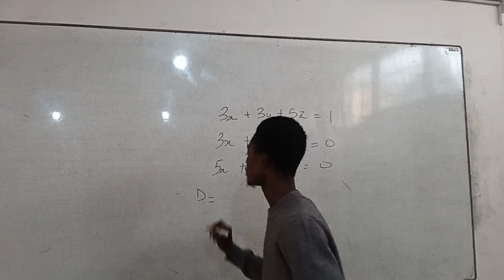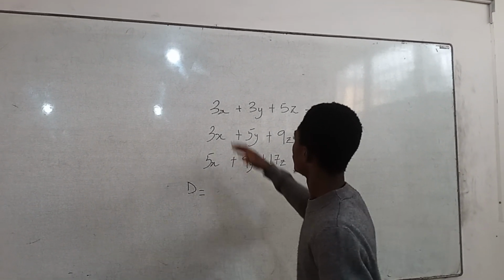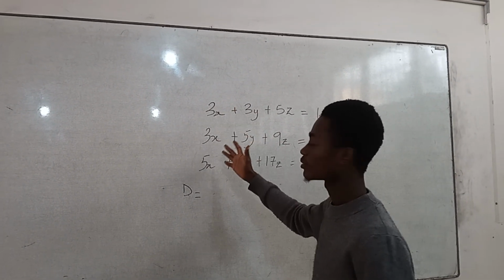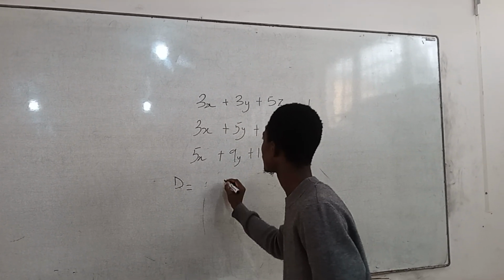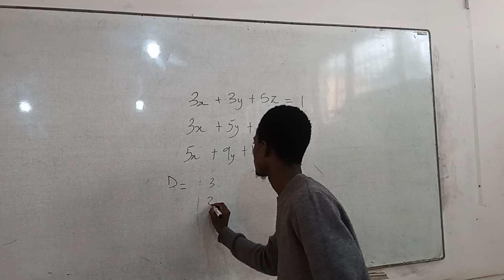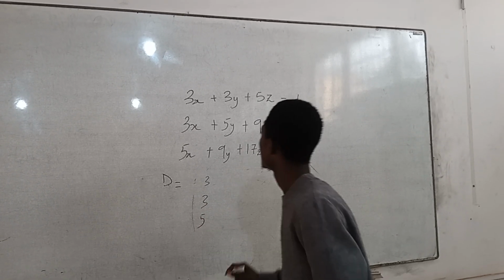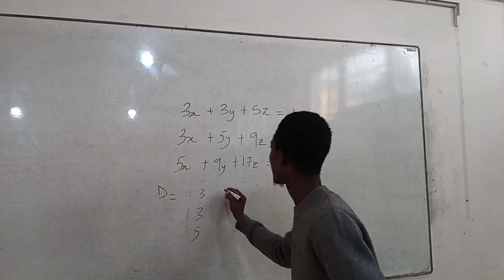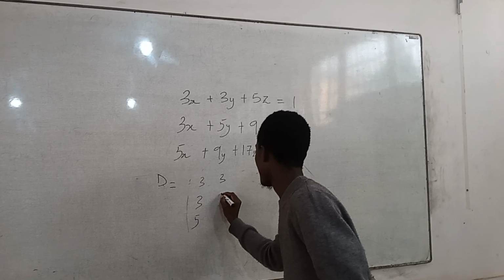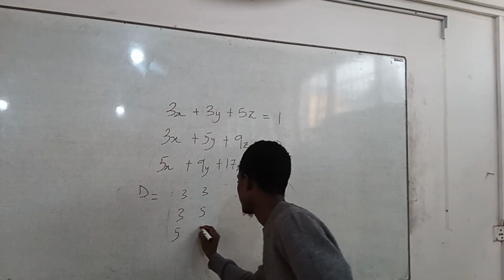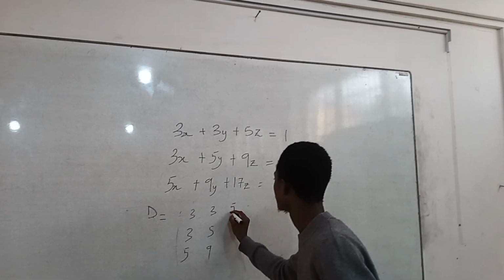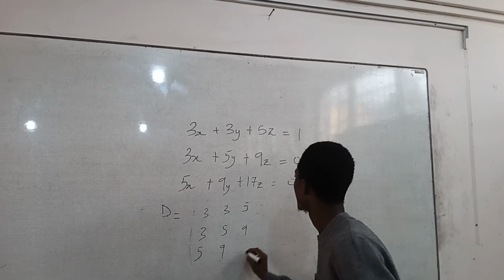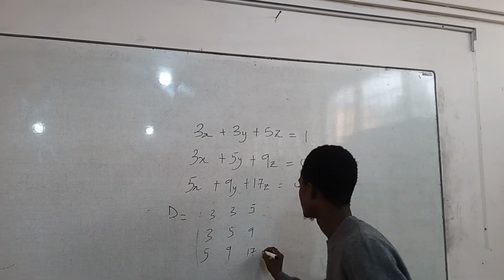So d should be equal to, you look at the first column and you write everything down. So you have your 3 and your 5. Then you come to the second column. You have your 3, your 5, and your 9. Then the third column, your 5, your 9, and your 17.